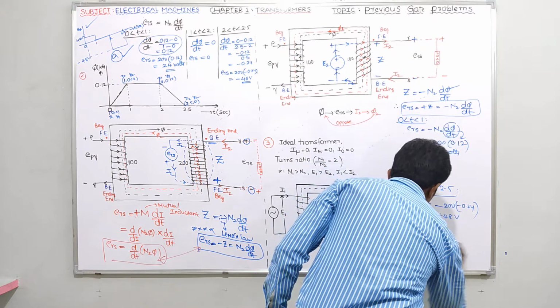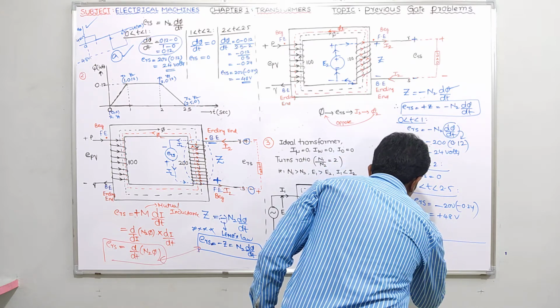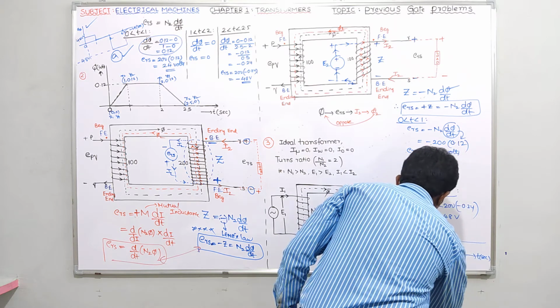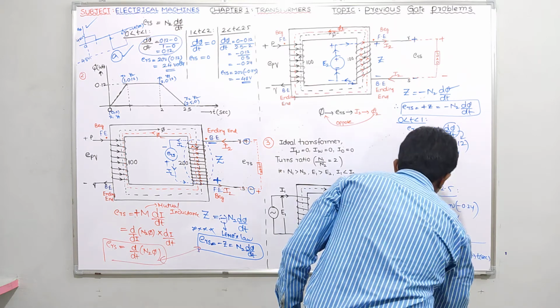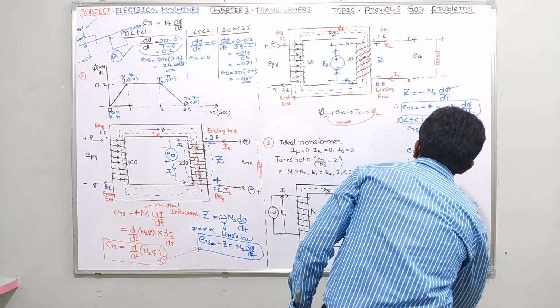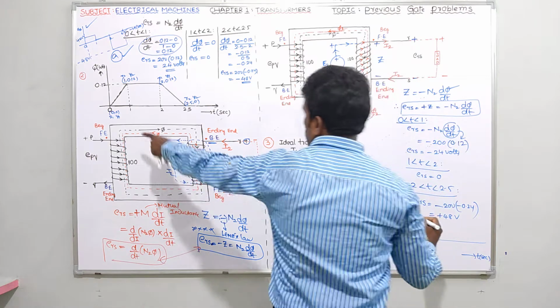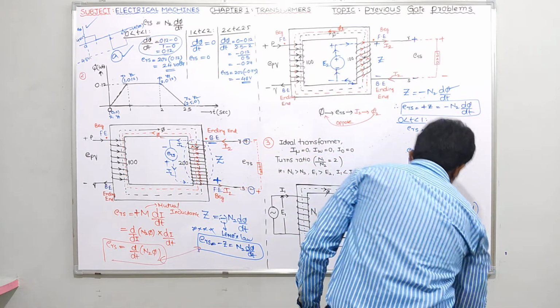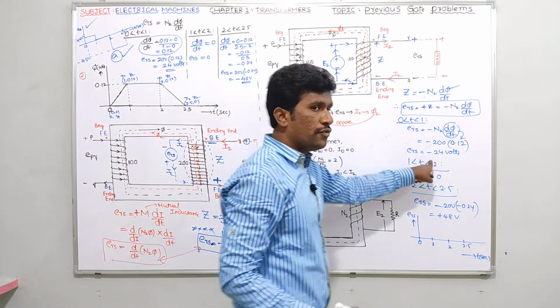So if you draw ERS versus time, with time in seconds, take the intervals 0, 1, 2, 2.5. From 0 to 1 it is minus 24 volts.